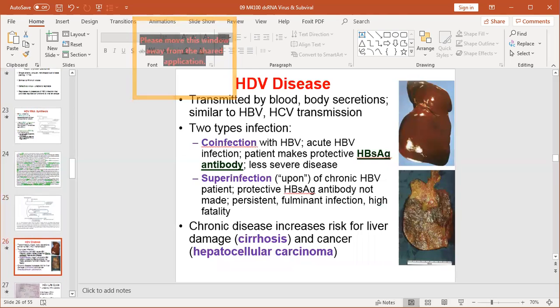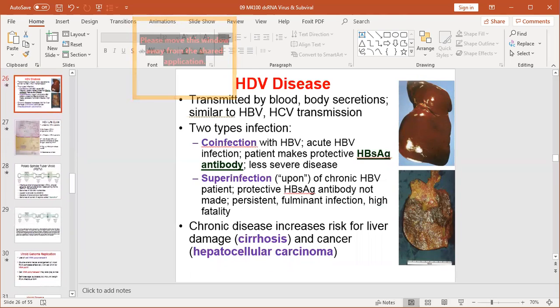Slide number 26 talks about hepatitis delta virus disease. HDV is transmitted by blood and body secretions, very similar to the transmission of hepatitis B virus and hepatitis C virus. With HDV, we have two types of infection. One is called co-infection, the other one is called superinfection.